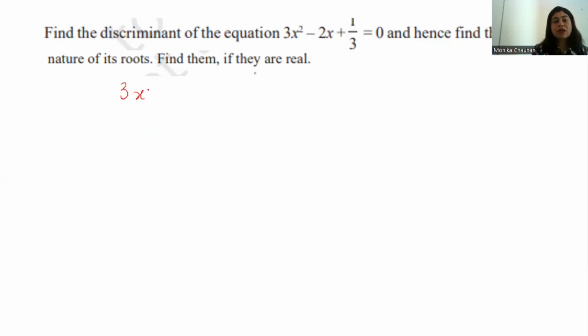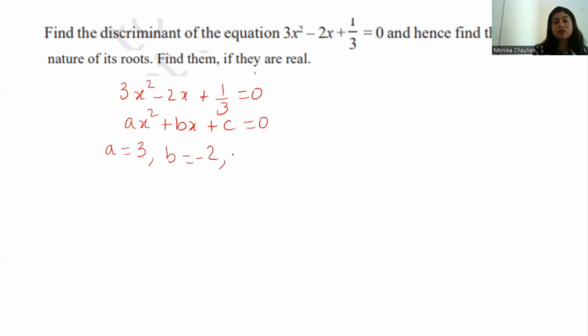So 3x squared minus 2x plus 1 upon 3 is equal to 0. I have to compare this with our standard equation, where a is equal to 3, b is equal to minus 2, and c is equal to 1 upon 3. I hope this is clear. Now, what is our discriminant?